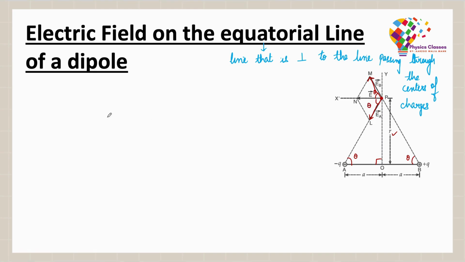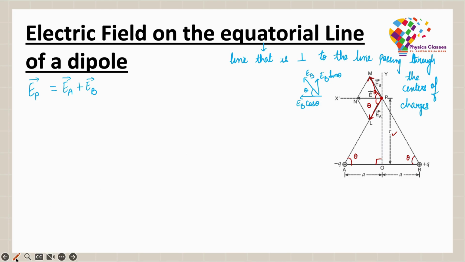So if I want to find the electric field at this point P, ideally I'm supposed to calculate the vector addition of the electric field due to A and the electric field due to B. Now you can do the vector addition by using the triangle law of vector addition, or you could simply take the components. If I take the components of EB, then EB is inclined like this, so I can have EB sine theta and EB cos theta.